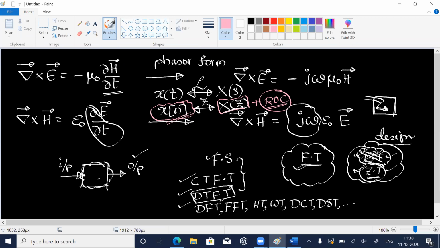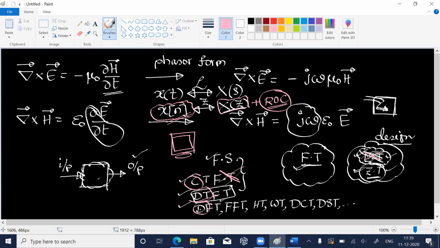So this is all in the discrete domain. As you are using computers for analysis purposes, you have to say bye-bye to these continuous things and invite this discrete stuff. So discrete time to discrete Fourier, discrete Fourier to fast Fourier, and so on.